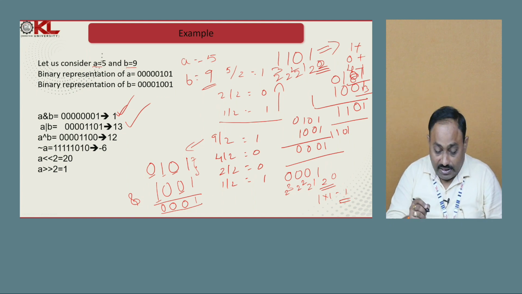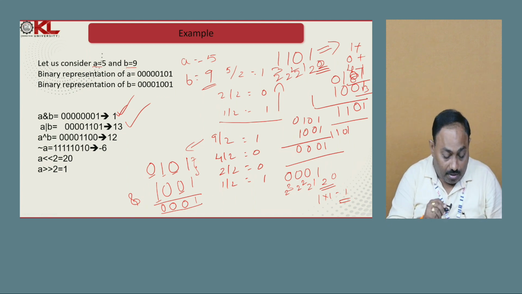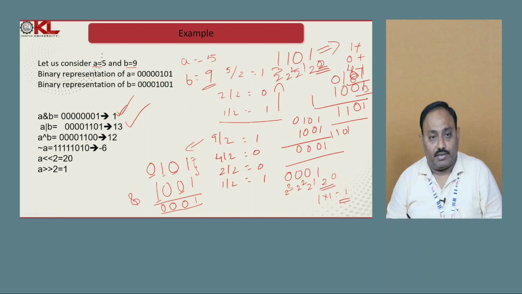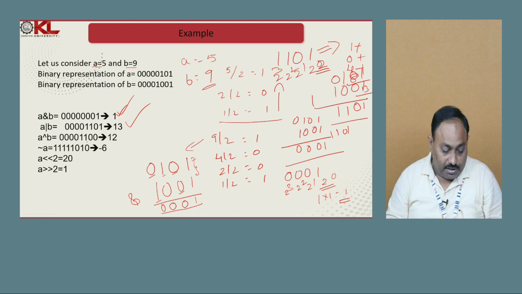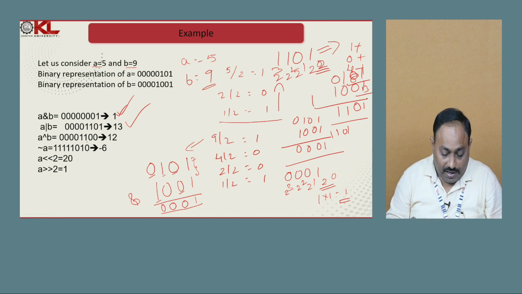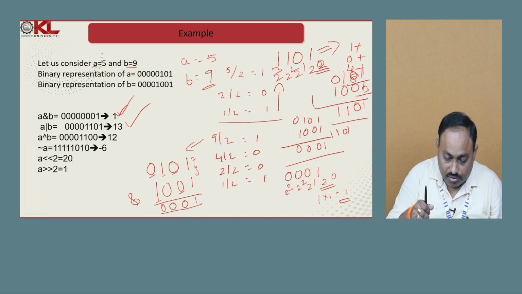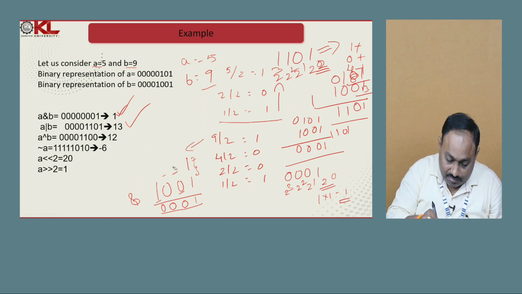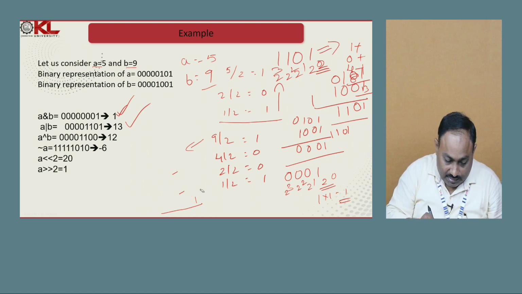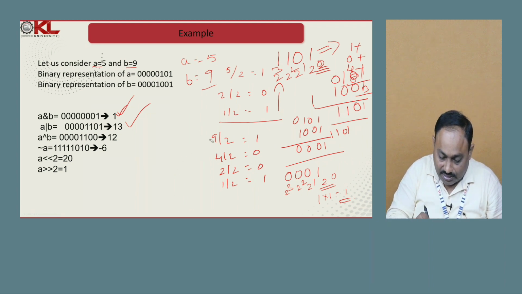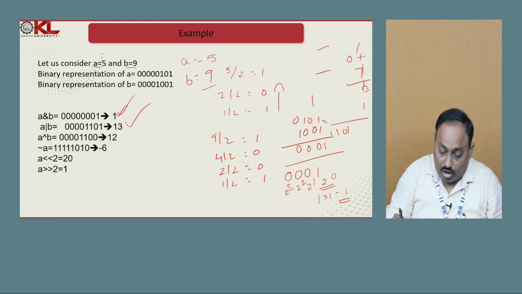Now let us take another operation, that is bitwise exclusive OR, A bitwise exclusive OR B. Now again take these two numbers, what we have, A equal to 5 and B equal to 9. So let us take these two values and we will see how we can perform this exclusive OR operator.